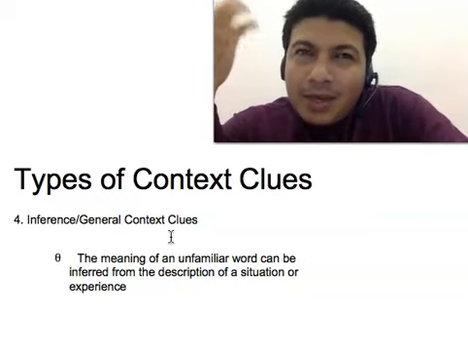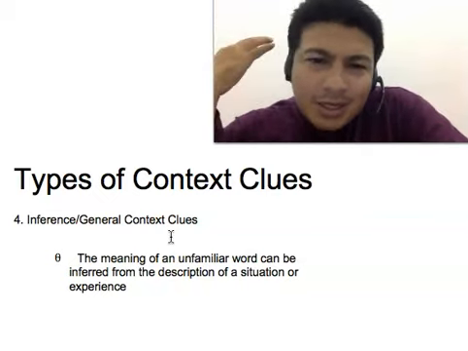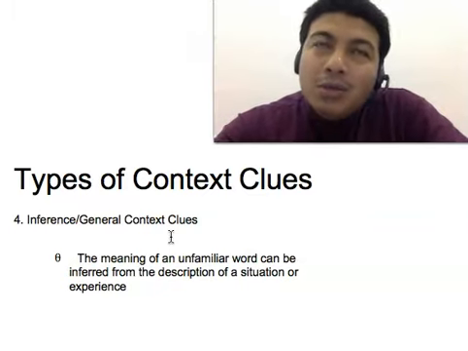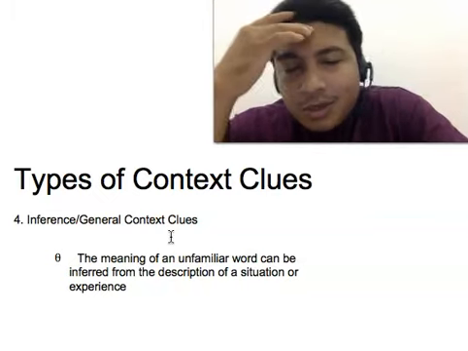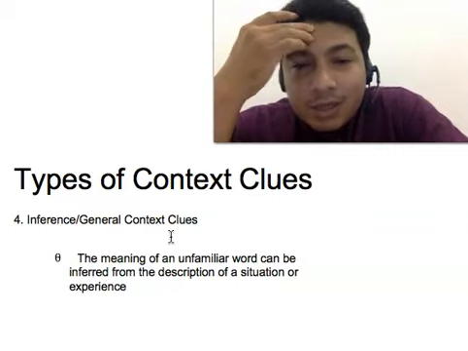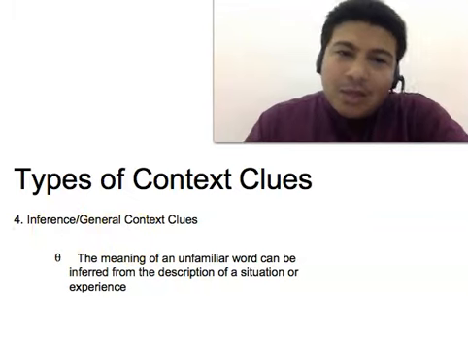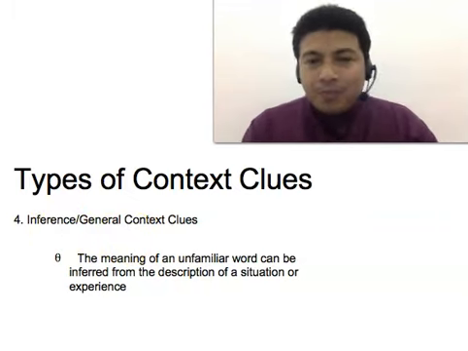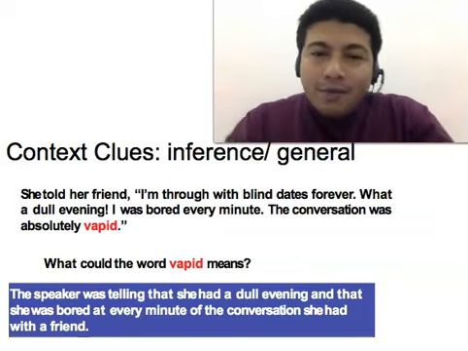So you have an idea about this thing based on your readings or your knowledge previously a long time ago, and you make a conclusion, a logical conclusion of the meaning of the difficult word. So the meaning of an unfamiliar word can be inferred from the description of a situation or your previous experience. So if you cannot find any antonyms, synonyms, or definition, this is another way you can infer the meaning of a difficult word.